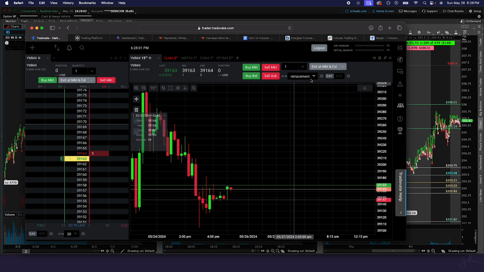But one of the things that I love is the ATM settings or features that it has. ATM settings are, I think, automated trade management. You may know that as setting bracket orders.